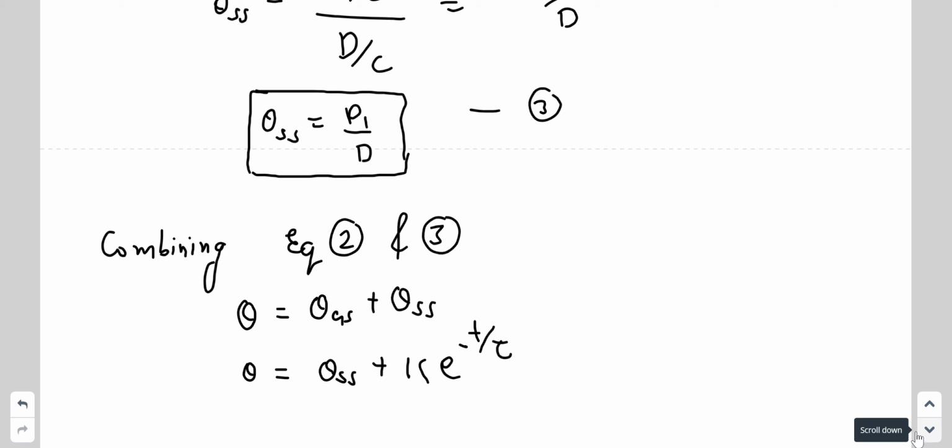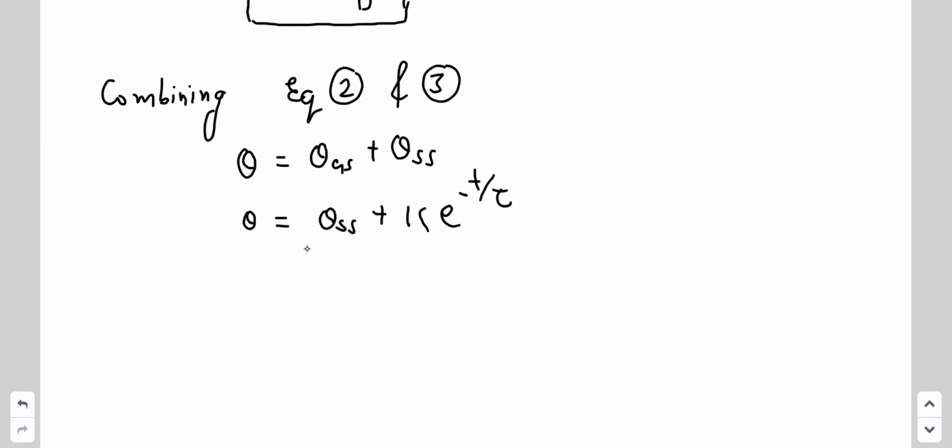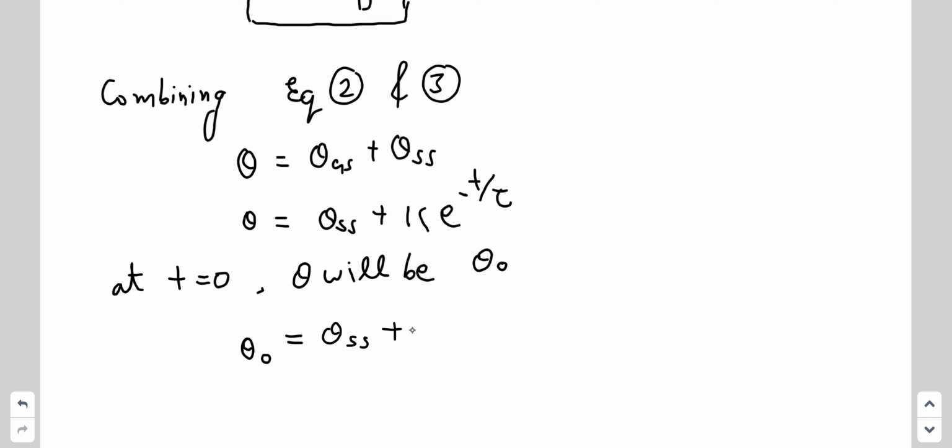Here K is a constant, so we will find the value of K. So put T is equal to 0. At T is equal to 0, our theta will be theta 0. So theta 0 is equal to theta SS plus K, and e to the power 0 is 1. So from here K is equal to theta 0 minus theta SS.